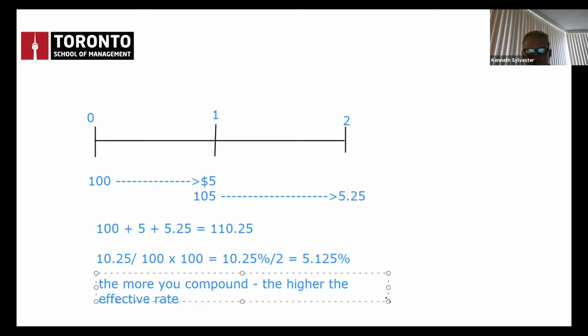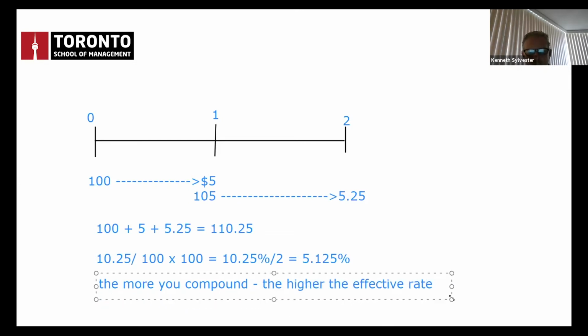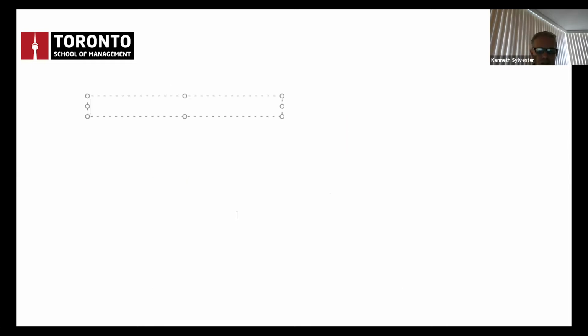All right. So we've looked at compounding for 1 year or for 2 years. We compounded it annually. So what I'm going to do now is teach you what's known as time value of money. And time value of money is very, very important. If you learn nothing else in this course, this would be one thing that you would want to learn.